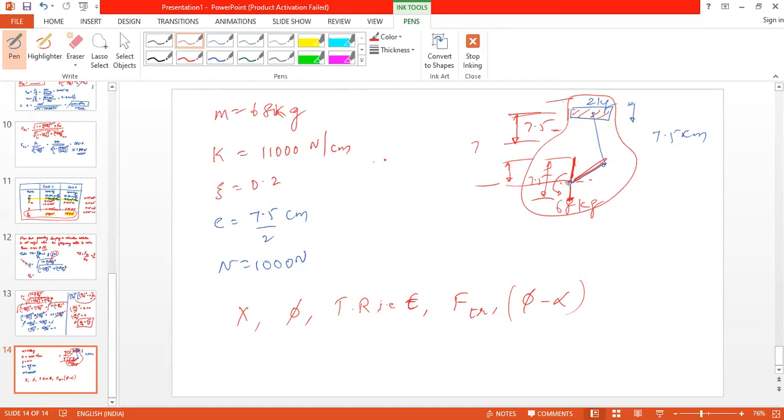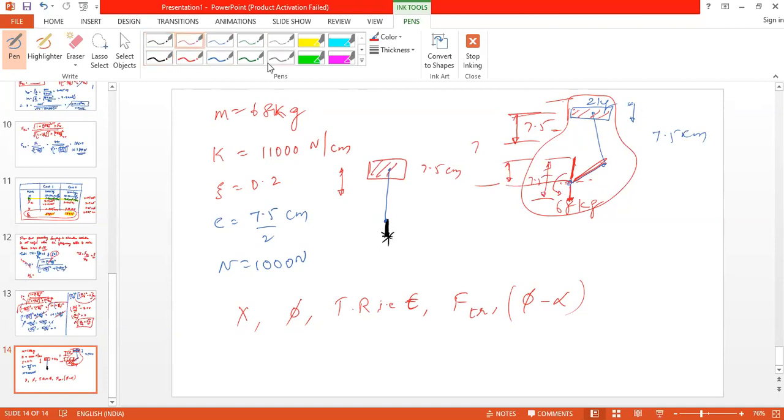See, the stroke of the piston is 7.5 centimeter, right? Yes, sir. When the piston is at the top dead center, the connecting rod will be like this, and the crank will be like this. This is the origin.